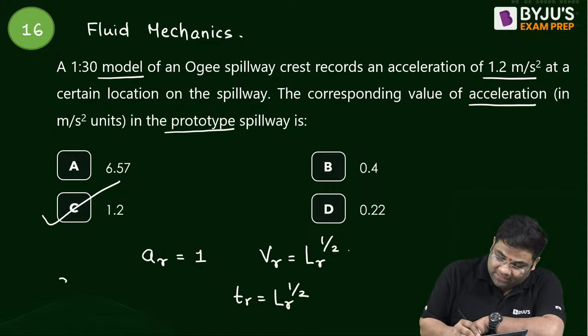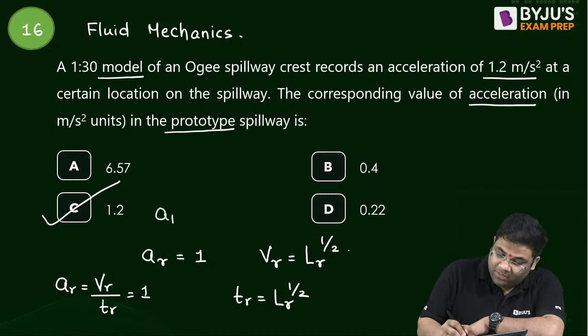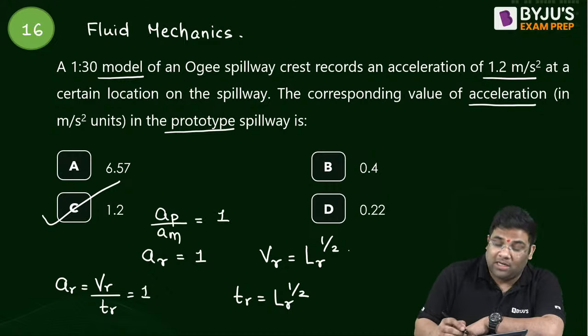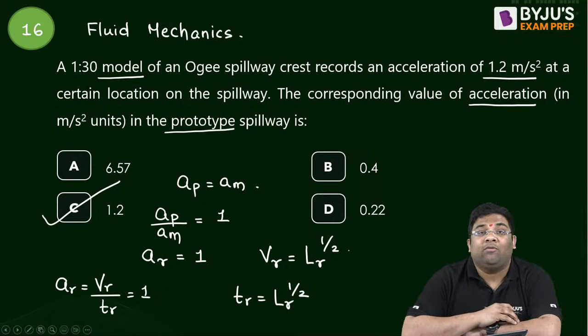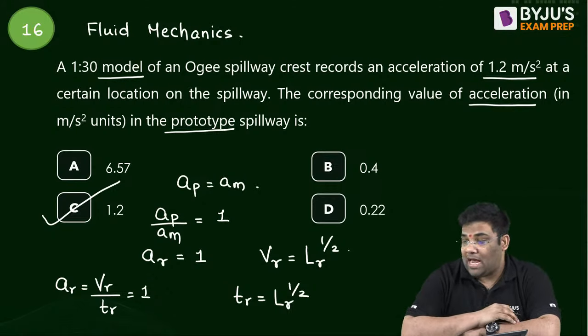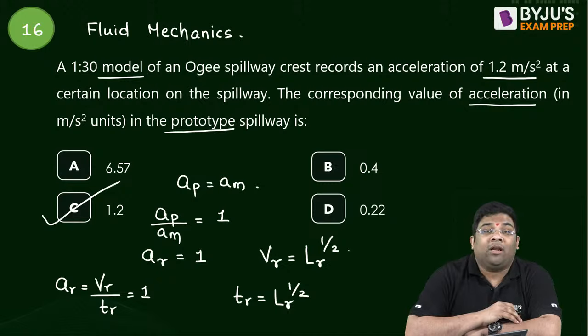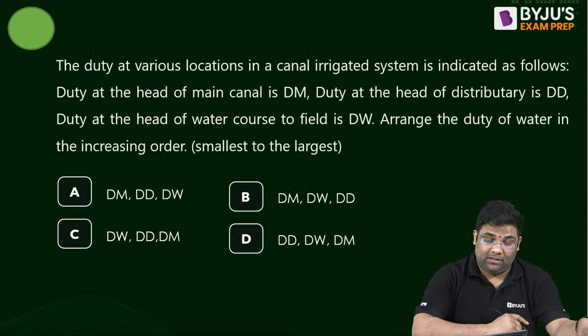So the acceleration ratio is velocity ratio by time ratio, which gives 1. A of prototype by A of model is 1, which means the acceleration of the prototype equals the acceleration of the model. So the answer is 1.2. I have taught this in fluid model analysis; one video is available, you can always see it.